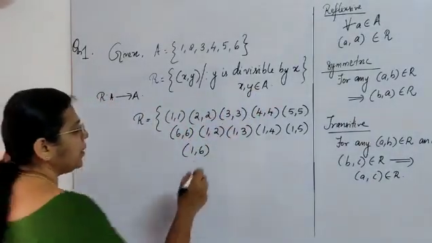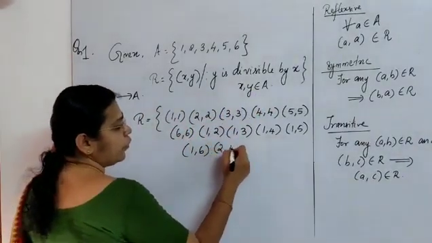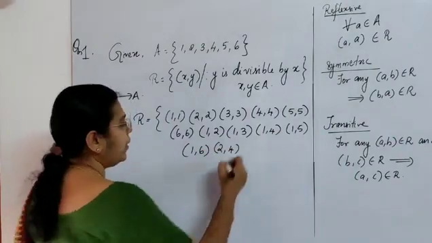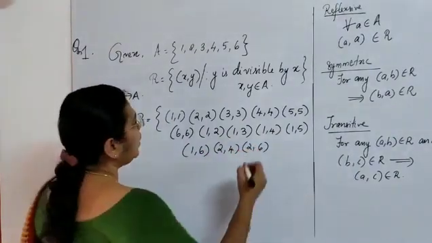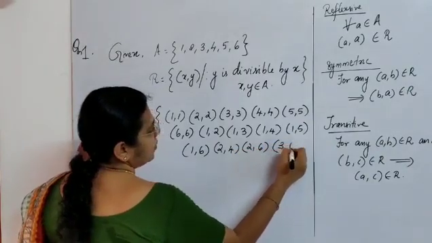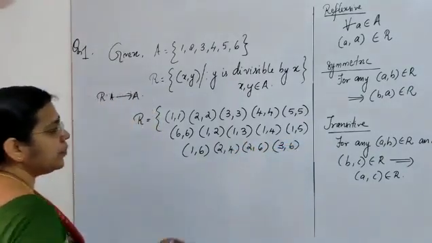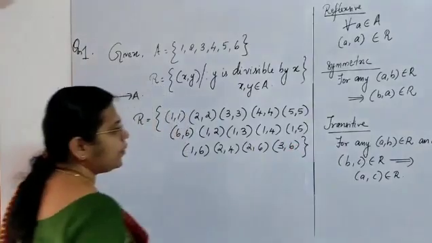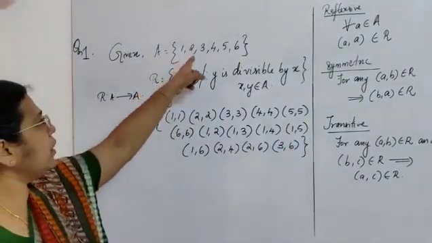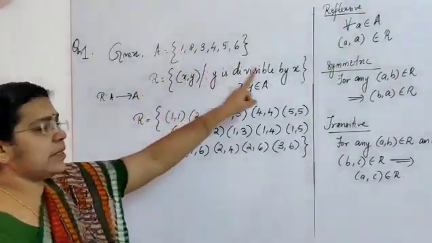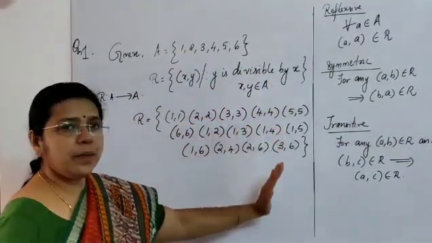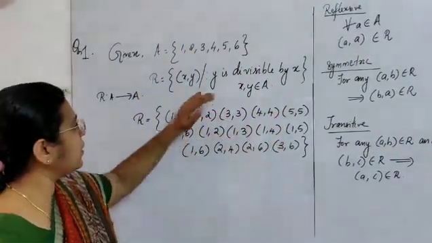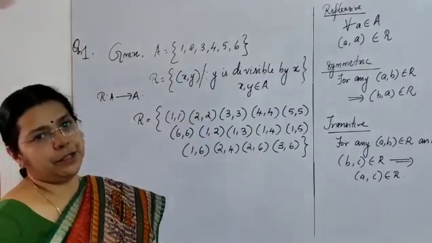Then you have (2, 4), then (2, 6), then (3, 6). Is there anything more? By taking two elements from this set and checking the divisibility, can you find anything else? No. So these are the possible ordered pairs that fall under this relation.